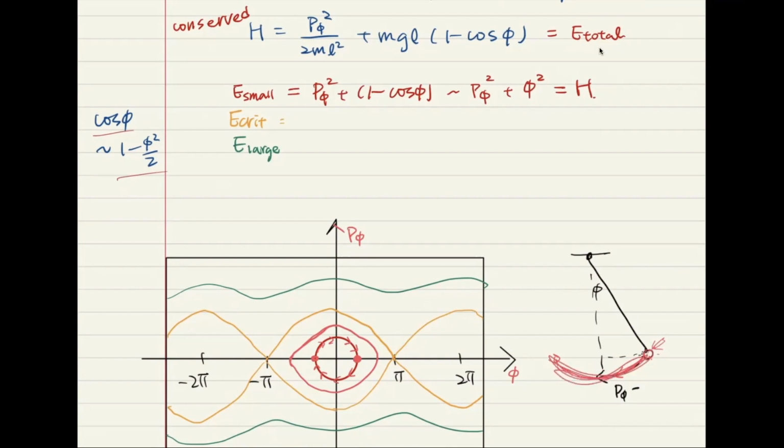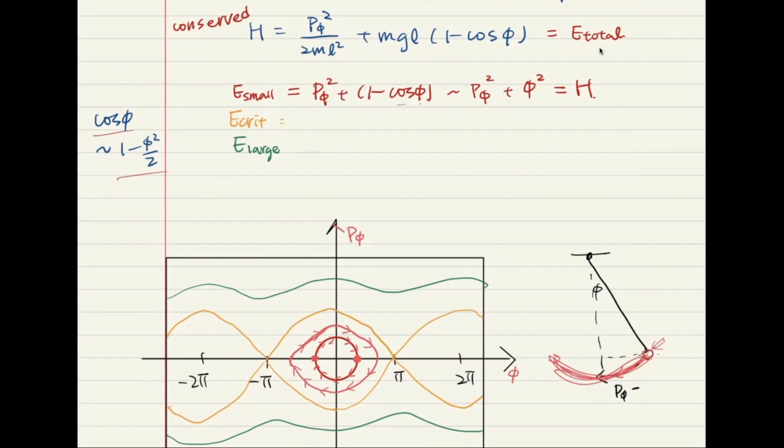Okay, so that's what happens at small energy. If my energy is slightly increased, I cannot do this small angle approximation anymore. But you can imagine the trajectory will still be somewhat oscillating. It's just not simple harmonic oscillation. It will be oscillating nonlinearly, but the phase flow is still going in this direction.